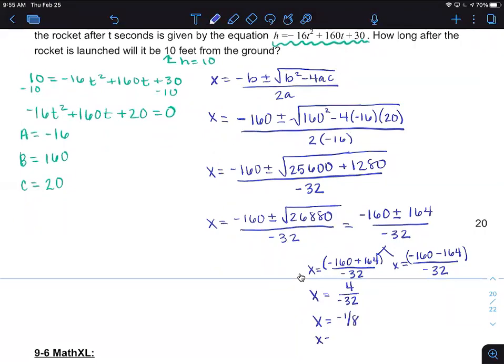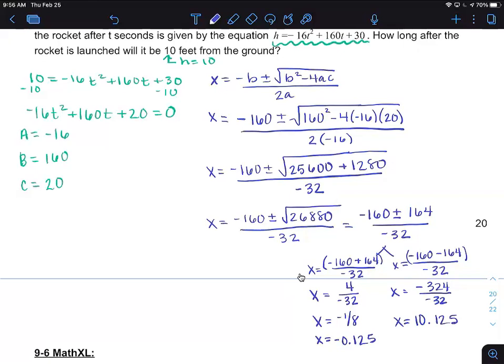But we're going to change it to a decimal, approximately negative 0.125. And then for our second one, negative 160 minus 164 equals negative 324 divided by negative 32, which is approximately 10.125.